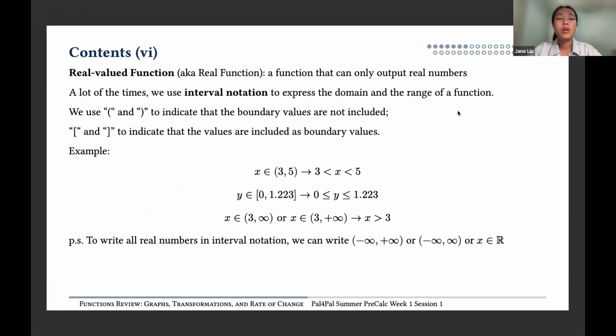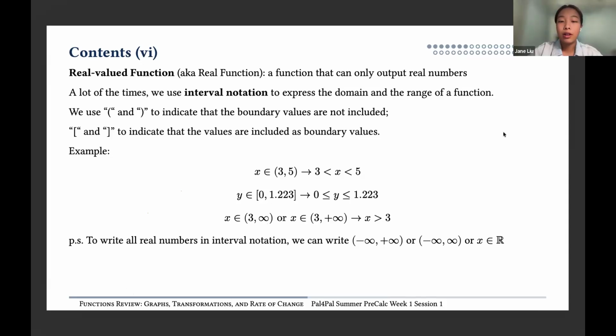And when we indicate the values are included in a boundary, we use brackets, and that's also called a closed interval. The following are some examples of how we use interval notation.